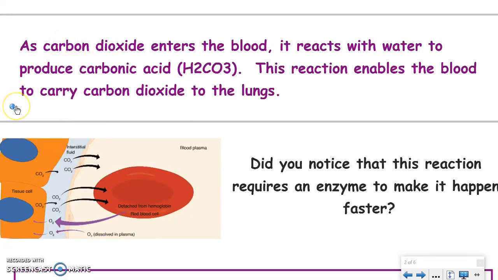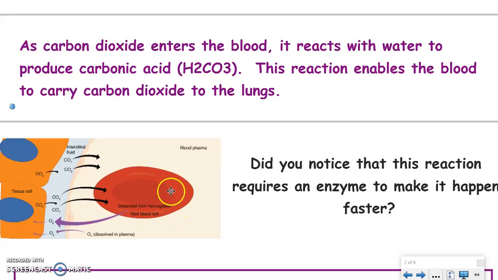You won't be able to click on the screen right now, but if you go to my YouTube channel, the video on carbon dioxide entering the blood, enabling the blood to carry carbon dioxide to the lungs, will explain it a little bit more.